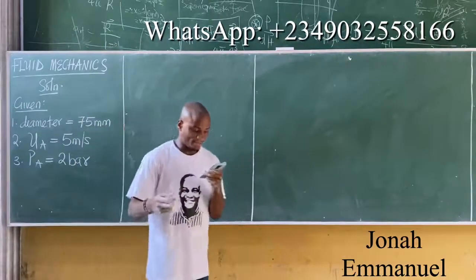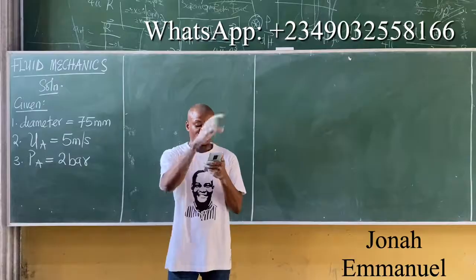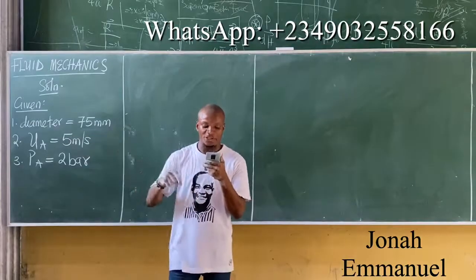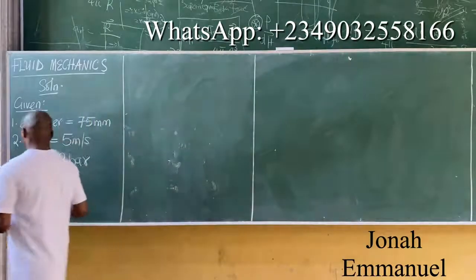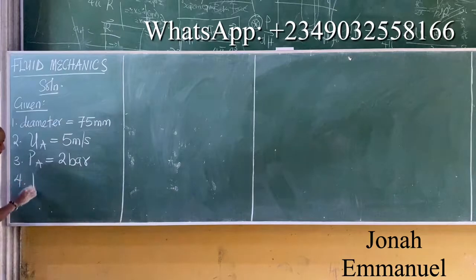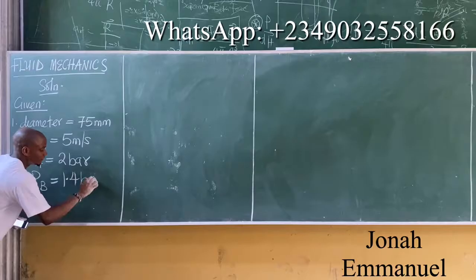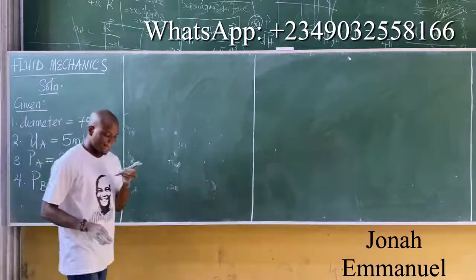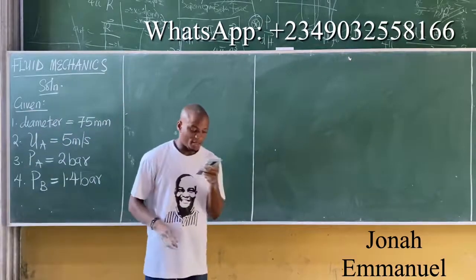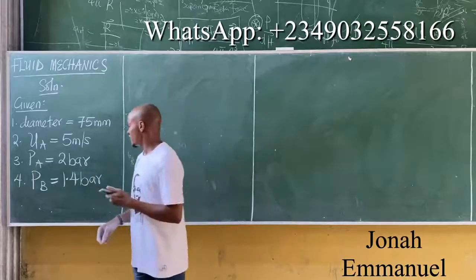Okay, what next again? They said at point B down the stream, the pressure is 1.4 bar. So number 4, I'm given the pressure at point B being equal to 1.4 bar. Okay, and temperature 30 degrees Celsius.